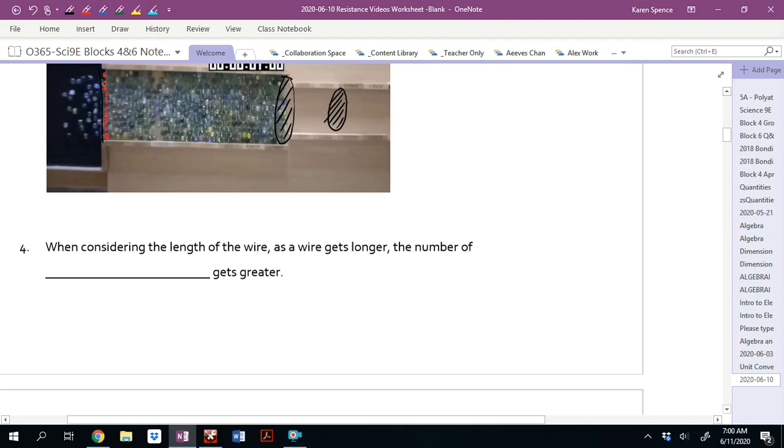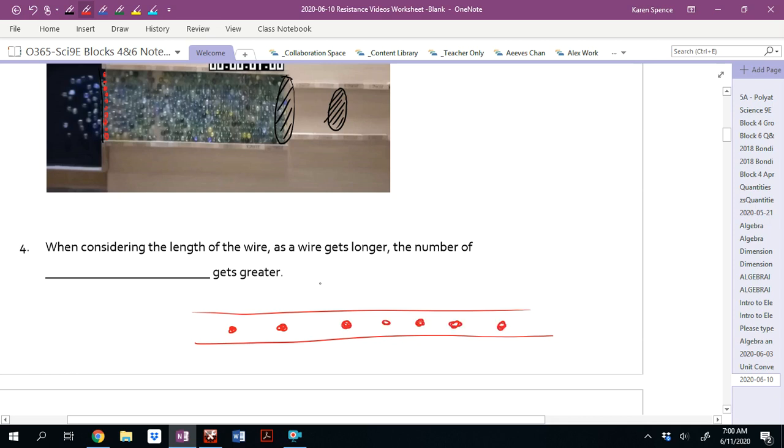When considering the length of the wire, I didn't put this one as a picture because I didn't like their diagram. He said as it gets longer, you have more obstructions, but he wasn't comparing, say, one like this, where you have obstructions, to one like this, which is the same area but is shorter.